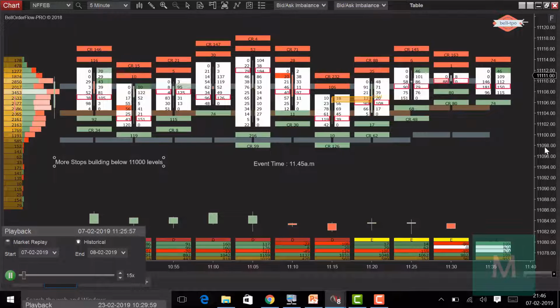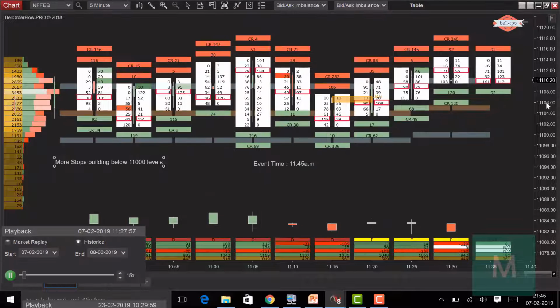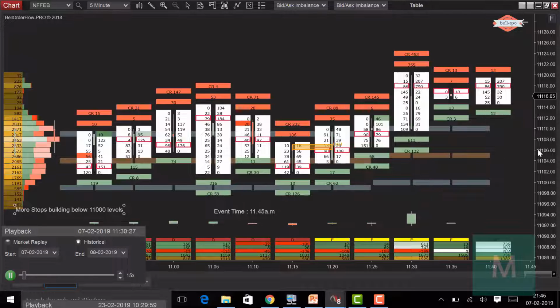And 11:25, another 20 minutes or so. Now almost 15 minutes from there. See, high volume was happening there, 790. 790 is kind of a trapped buyer.